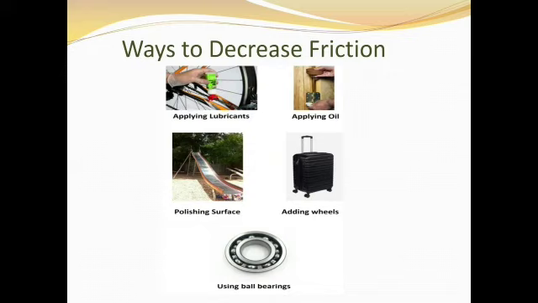Ways to decrease friction. As you can see here, we can put oil and the cycle goes faster. Applying oil, because in some old doors you may have noticed a sound coming.